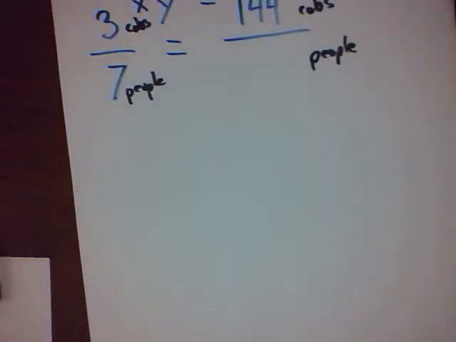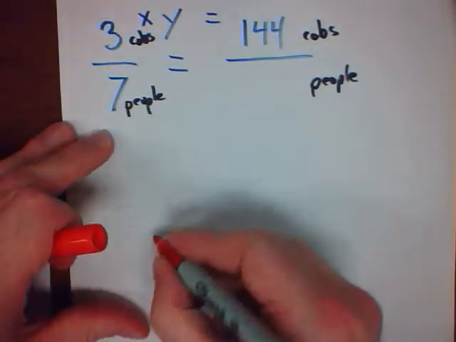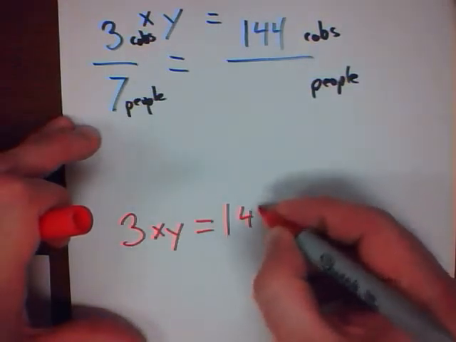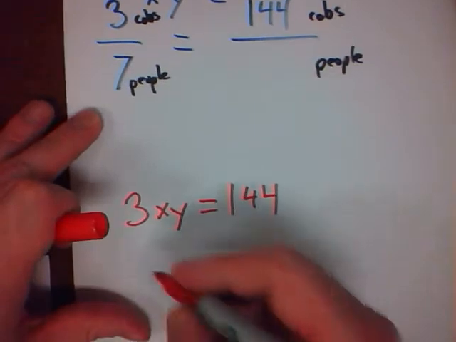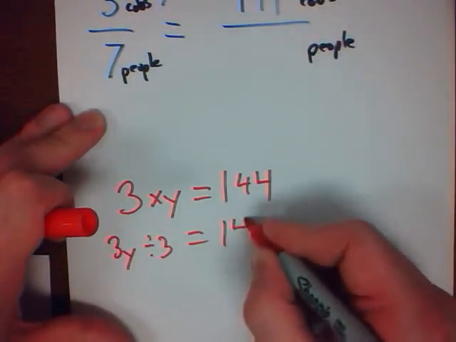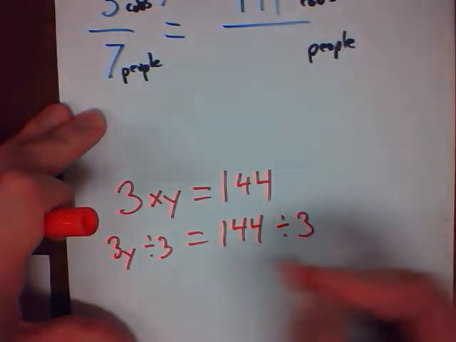So I'm just going to go off to the side for a moment, and I'm going to do a little bit of algebra. 3 times y equals 144. How do I get y by itself? 3y divided by 3. Whatever I do to one side, I must do to the other.